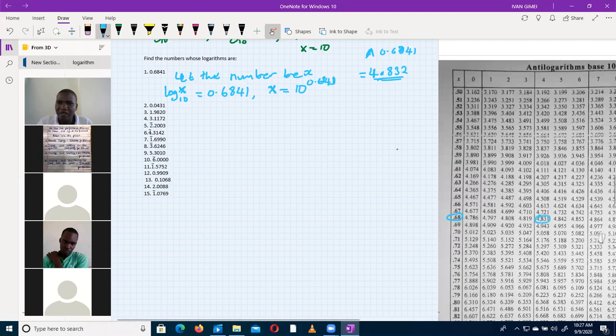So what I've seen so far is 4.831. What does the other digit say? We have 1 at the end, and the 1 says add.